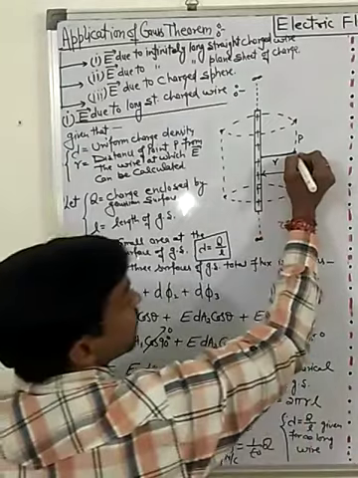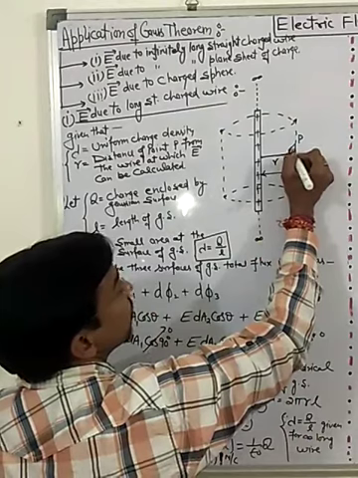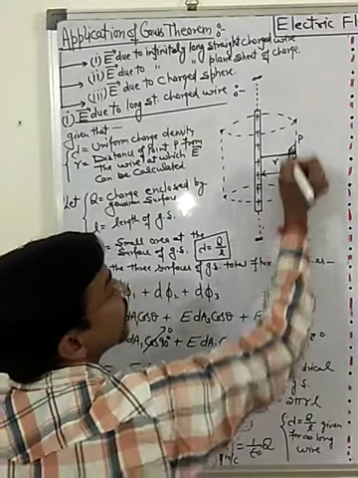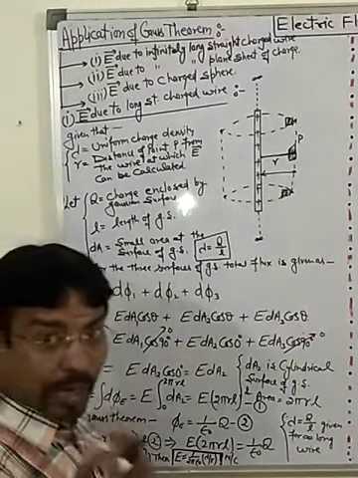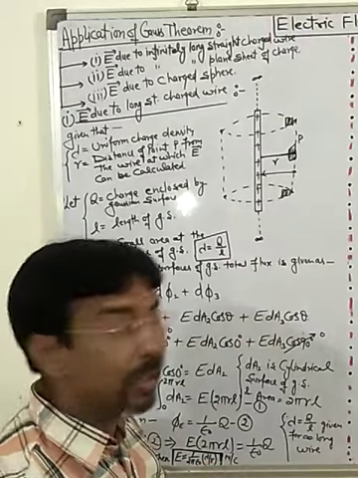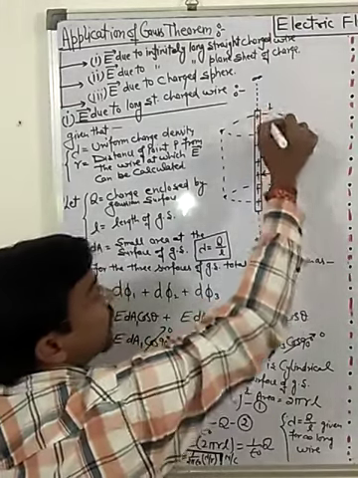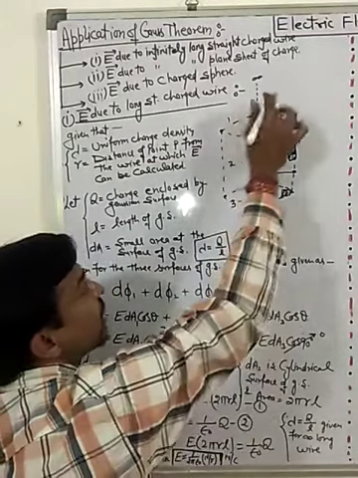Please see, suppose a small area is chosen at the point P. Similarly, at this point and this point, we choose other surface areas. You will have three different types of surfaces. One of them is circular, the second is cylindrical, and the third is also circular.